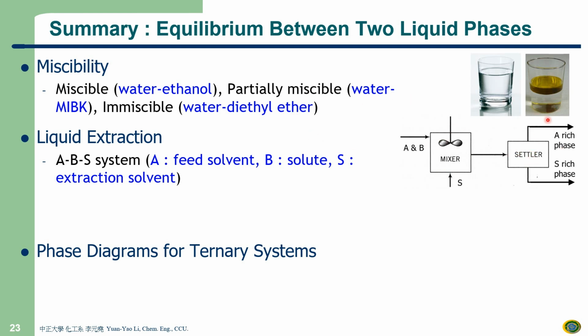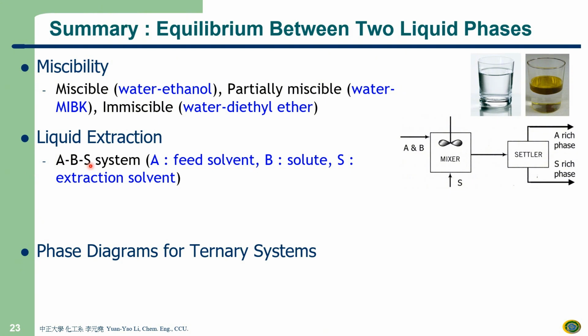So you have two phases. Then you release from the bottom, and this can be the S-rich phase, and after that you take away the other, which is the A-rich phase.